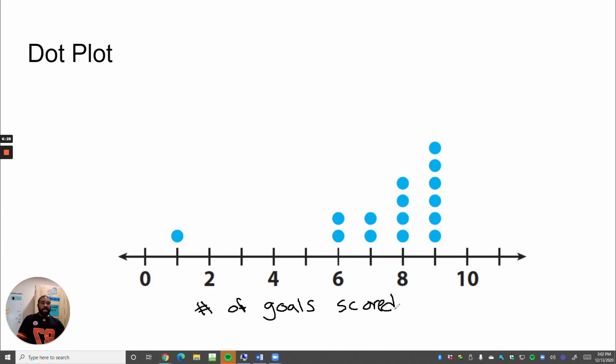We can see that we have one player who scored one goal. Okay. We have a gap. Then we have two players that scored 6 goals. We have also 2 players that scored 7 goals. We have 4 players that scored 8 goals.